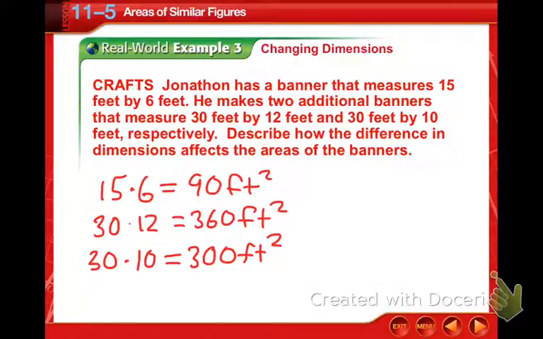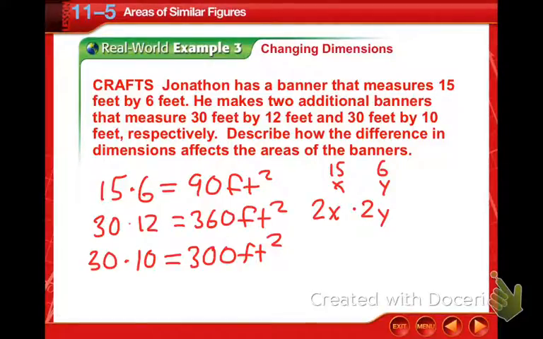So to show you what he did, I'm going to label the 15 and our 6 as X and Y. So what he ended up doing was taking our X and doubling it and multiplying that by 2 times our Y, right?